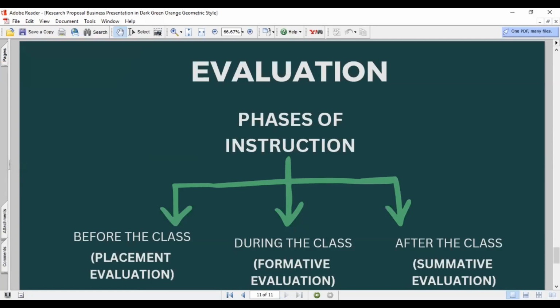Now we come to the evaluation. Now there are phases of instruction, as we just discussed, that before class there is certain preparation to be done, during the class there is certain preparation to be done, and after the class certain preparation is to be done.